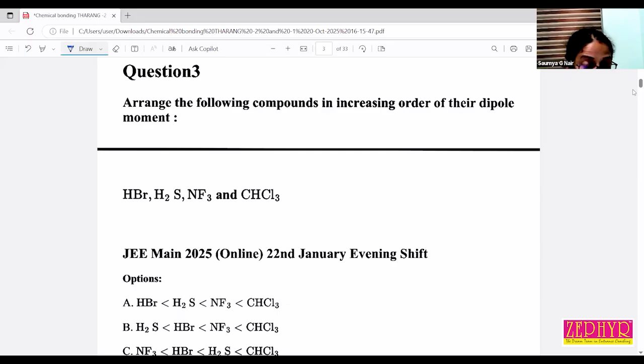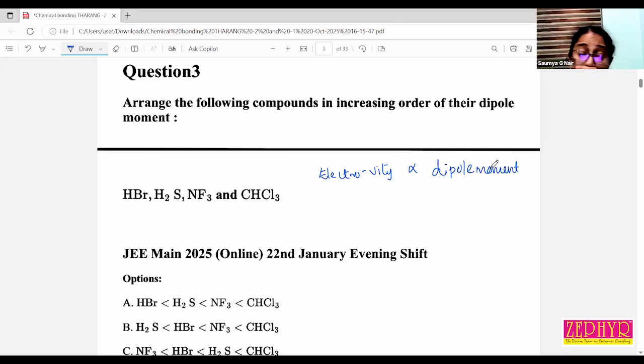What are the factors affecting dipole moment or polarity? Electronegativity is directly proportional to dipole moment. As electronegativity increases, dipole moment also increases.